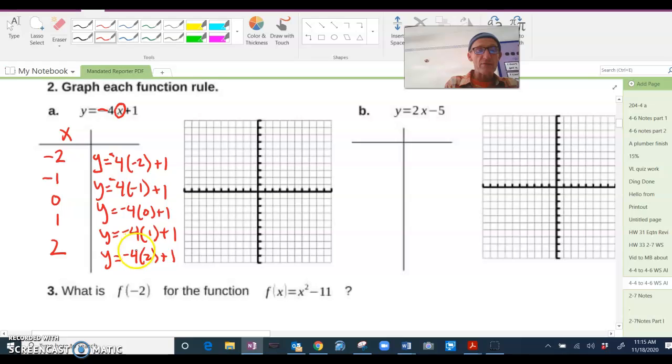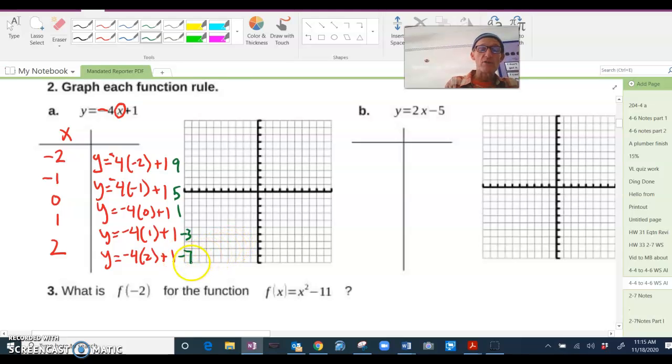So now we have to figure out what the y values are, and this value is going to be 9. This value will be 5. This value would be 1. This value would be -3. And this value would be -7.